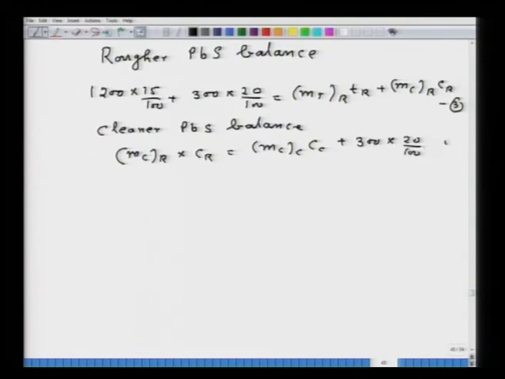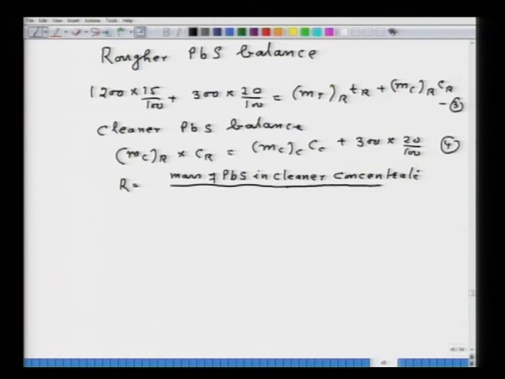So, if we solve all these equations, recovery R, that is equal to mass of PbS in cleaner concentrate divided by mass of PbS in feed into 100, that is the definition of recovery.